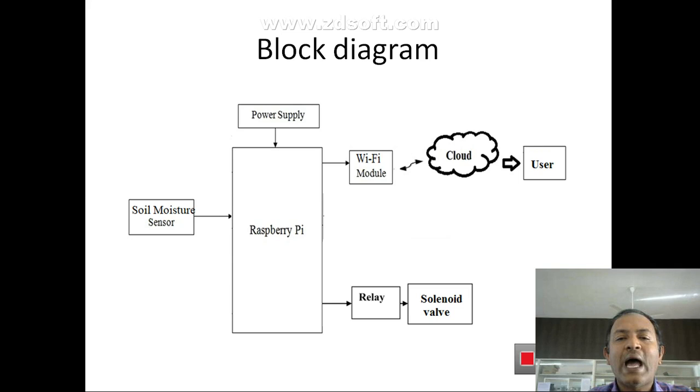If the value is above 5, water is automatically given to that agriculture land through irrigation. Otherwise it will not be used. Above 5 means you do not pour water, below 5 means you pour water onto that land. And then there are the power supply, Wi-Fi module, cloud, relay, and solenoid valve.